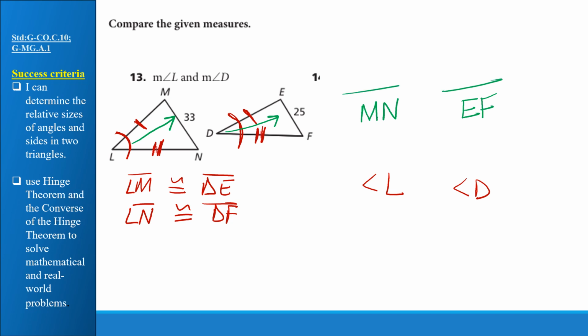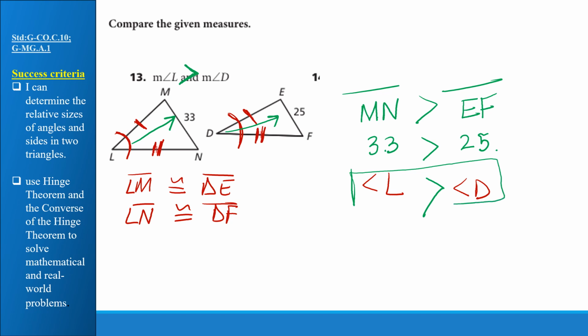The measurement of MN is 33 and the measurement of EF is 25. Which is bigger, 33 or 25? 33 is bigger. So you put a bigger sign on the sides and the included angles: angle L is greater than angle D. This is how we can compare the two triangles.